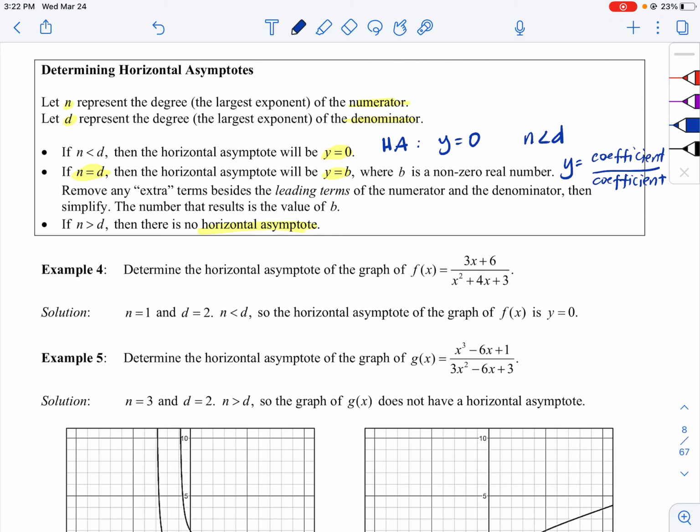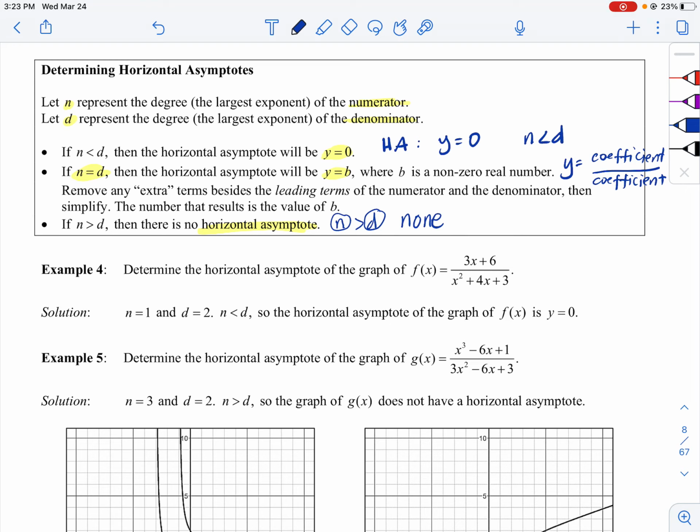Okay, moving on. There are also other cases where n is greater than d. What does that mean? The largest exponent in the numerator is greater than the largest exponent in the denominator. When that happens, we don't have a horizontal asymptote. We have none.